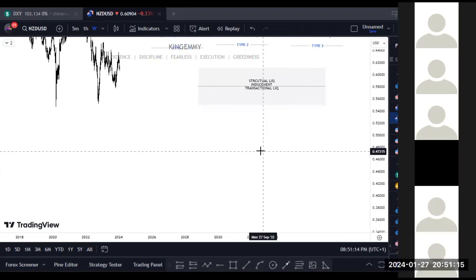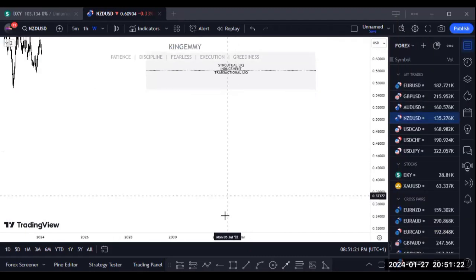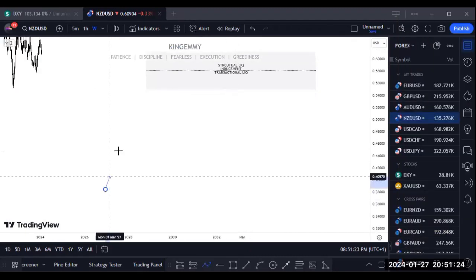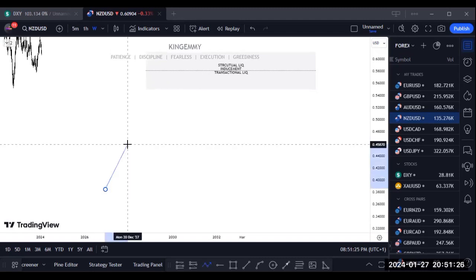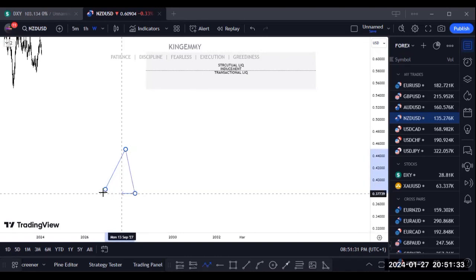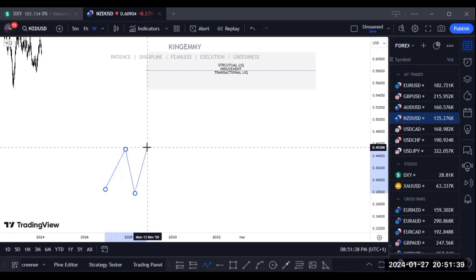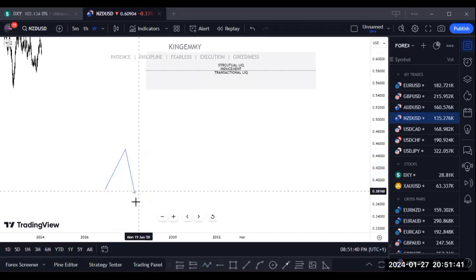Now, how do we find structural liquidity, inducement, or transactional liquidity? Whenever price rallies, let's say in a bullish market, whenever price creates a high, for us to confirm this high, a low should be taken. That is true.